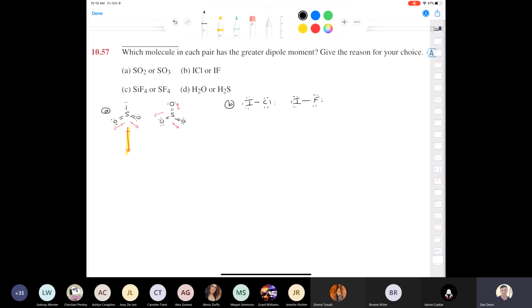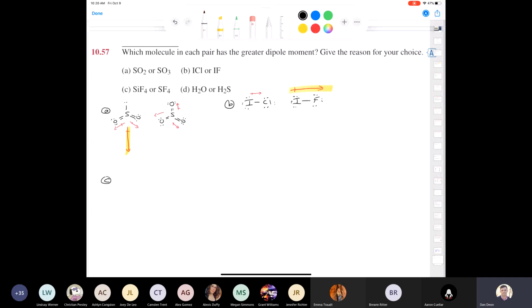And so we are going to have a dipole in this direction from the iodine to the halogen, but we know that dipole is going to be greater because the difference in electronegativity between iodine and fluorine will be greater, because there's a farther distance between those 2 elements in group 7A. And so the answer here is IF.